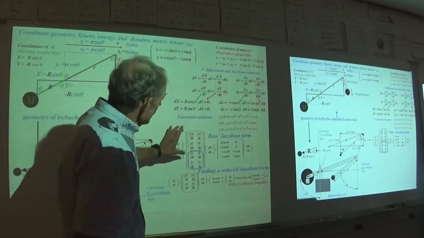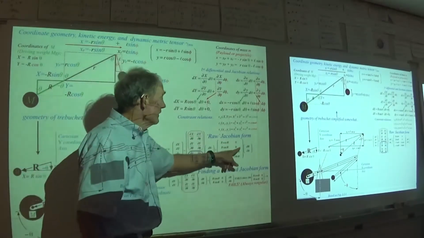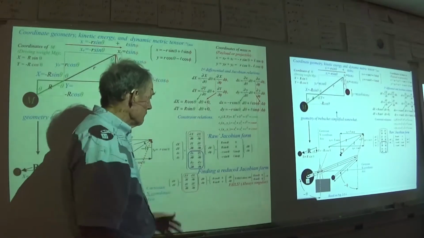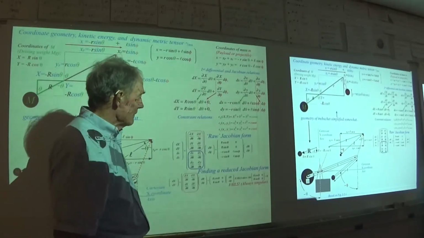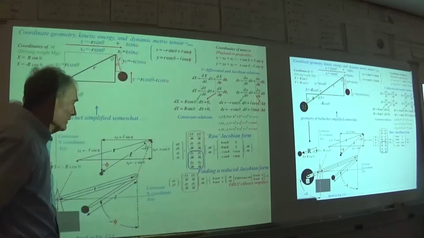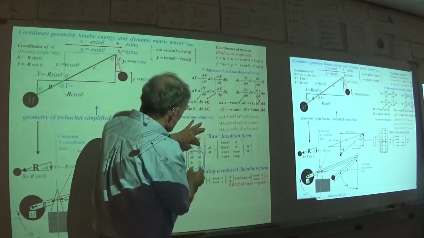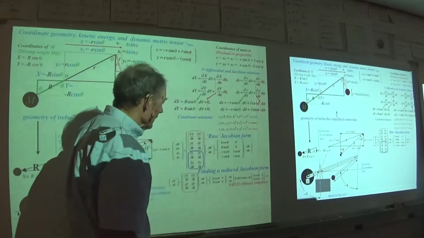If I just try to use these guys right here, I'm in trouble right away, because the determinant of that is 0. Okay, it's always singular. No, you can't use it. That's not any good. So we go on, maybe try this one and this one, or this one and this one, or something.